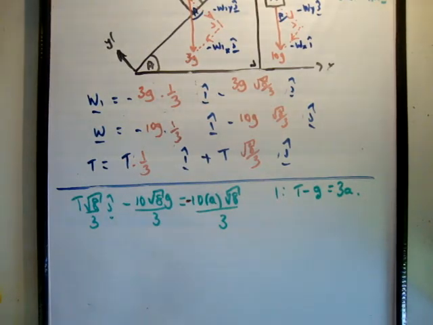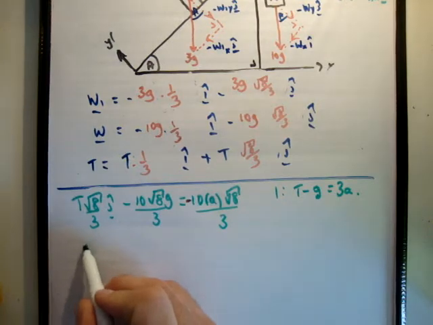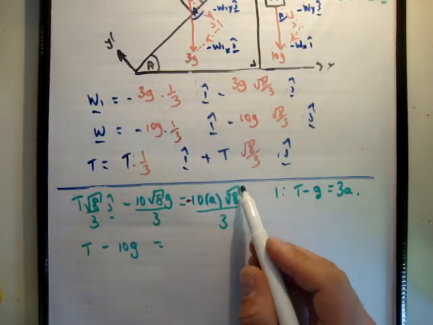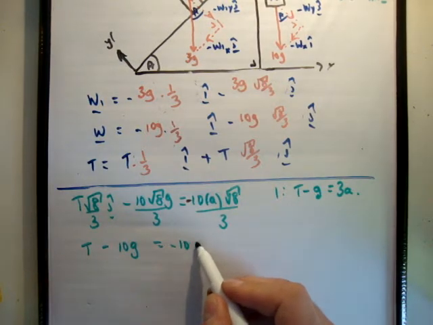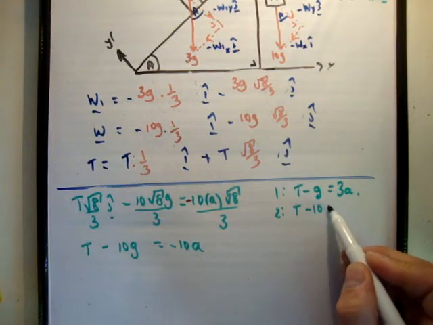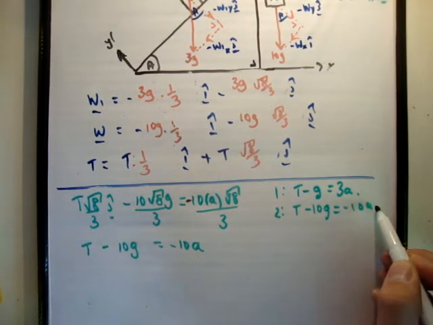I know it's looking pretty complicated, but it's not too bad. We can cancel 3 everywhere, and we can cancel the root 8 everywhere. So we get t minus 10g is equal to negative 10a. So equation 2 is t minus 10g is equal to negative 10a.